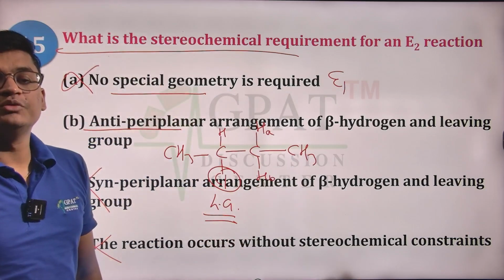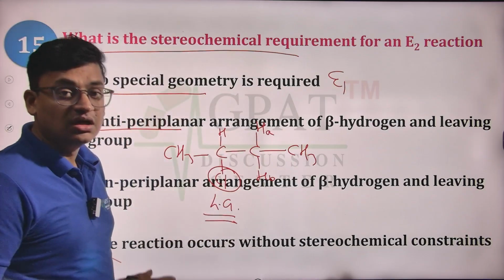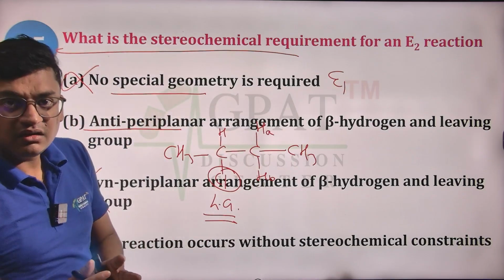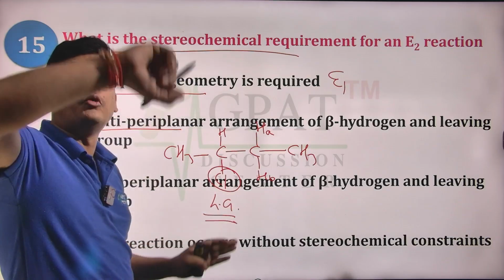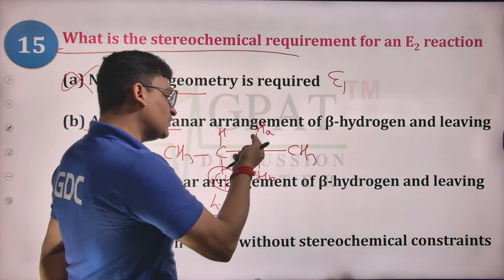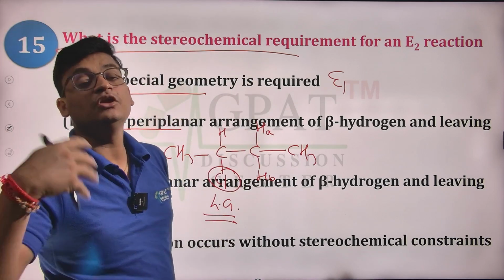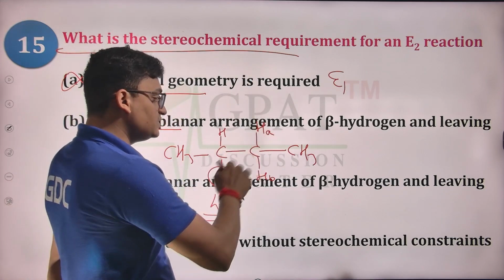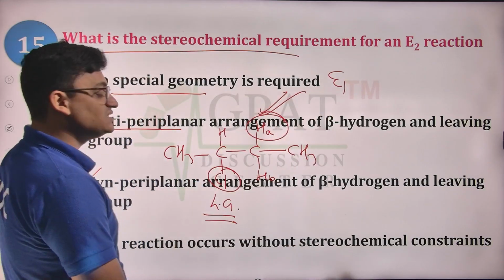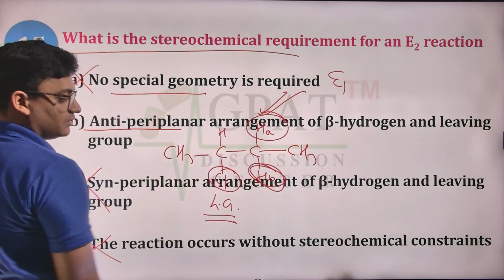Which hydrogen is to be removed? The hydrogen that is at 180 degrees, in the same plane as the leaving group but opposite. We have chlorine on the downside, and one of the hydrogens is in the same plane and anti to the leaving group. So this Ha will be removed. This is anti-periplanar; this is syn-periplanar.